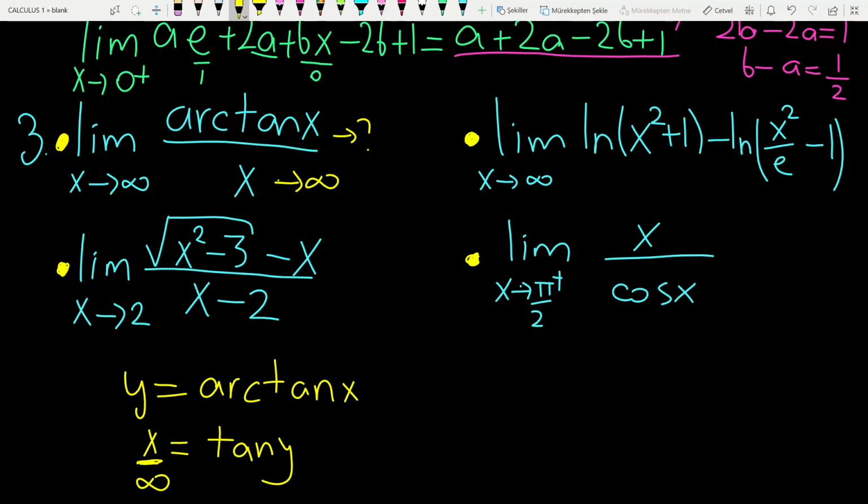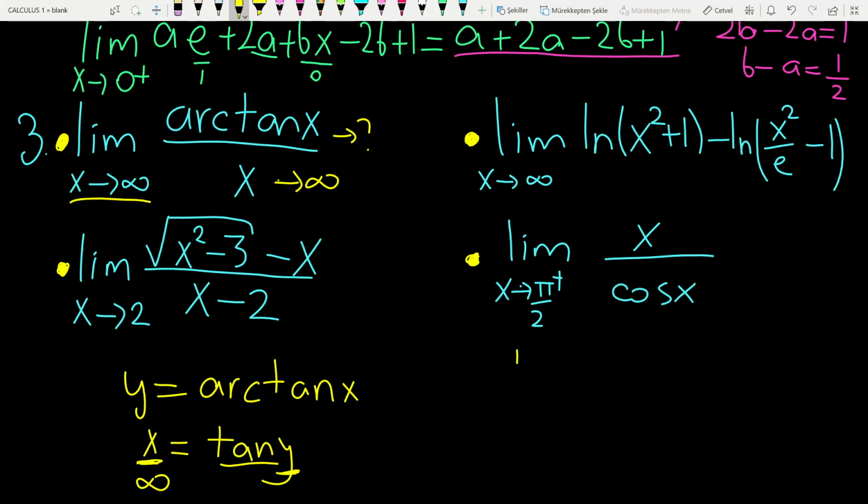We know this from the question. So for which value of y does the tangent function go to infinity? It is a question, right? It's not difficult, but a nice question. For which value of y does tangent go to infinity?